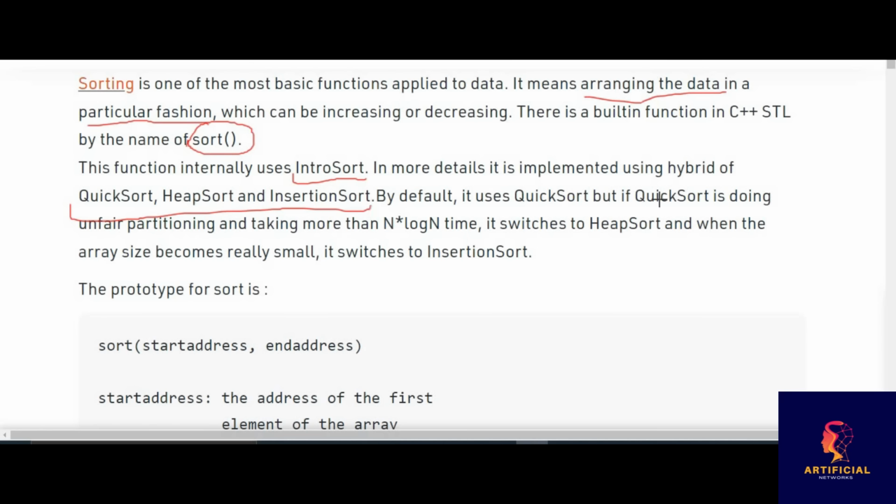By default it uses quick sort, but if quick sort is doing unfair partitioning and it takes more than n log n times, it switches to heap sort, and when the array size becomes really small, it switches to insertion sort. So basically this sort is a hybrid of three sorts: quick sort, heap sort and insertion sort, and it applies them according to the complexity of data.